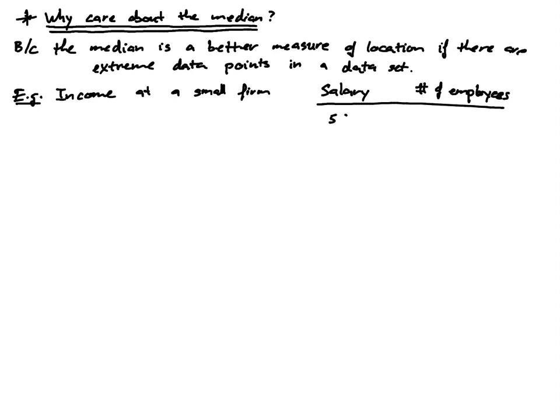Let's say I have 4 people earning $50,000, 2 people earning $60,000, 2 people earning $70,000, 1 person earning $80,000, and 1 person, probably the CEO, earning $100,000.